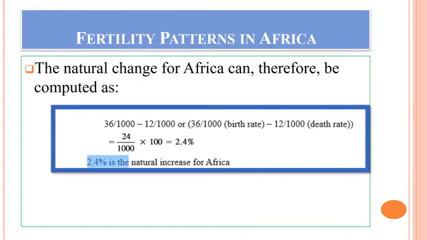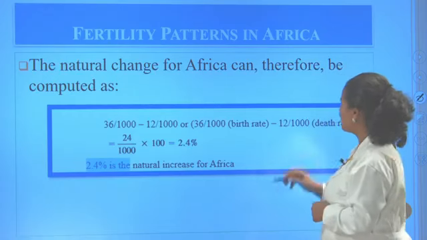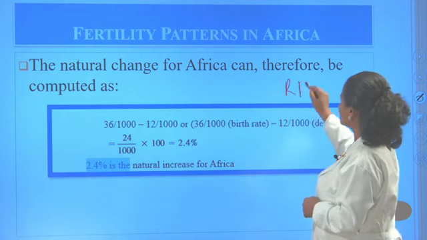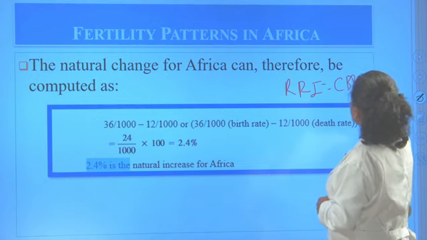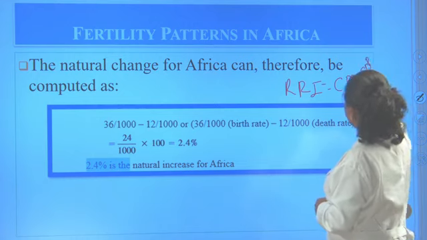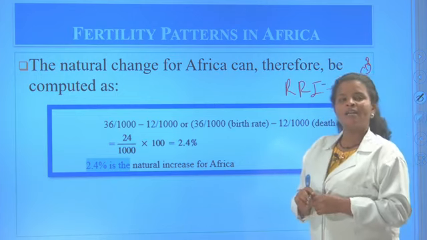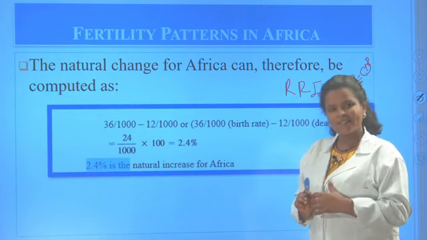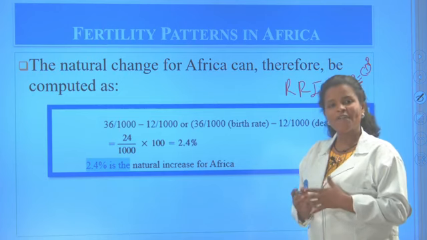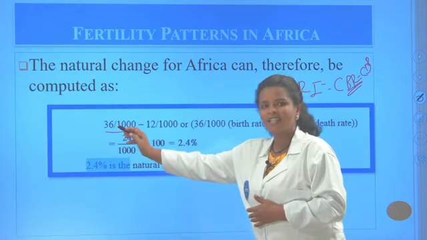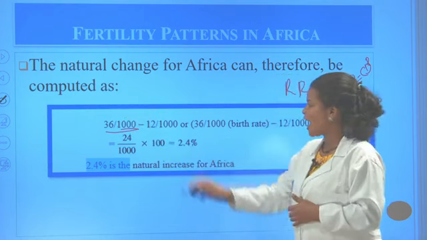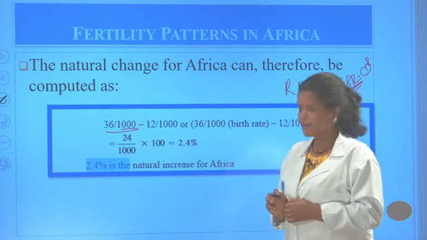Let us see natural change for Africa. As we have seen in the above lesson, the rate of natural increase is the difference between the crude birth rate and the crude death rate. Depending on the above lesson, the rate of natural increase in Africa is high because the birth rate is greater than the death rate. The crude birth rate in Africa is 36 per 1,000, and the death rate is 12 per 1,000.